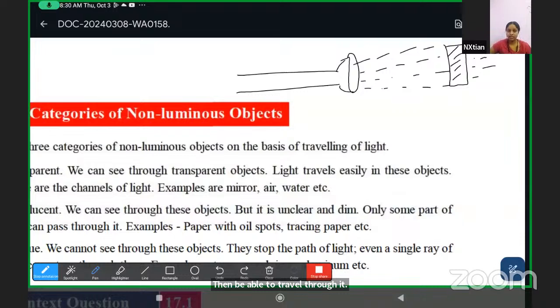What if it is an opaque wooden box? This is a wooden box. Light will not travel through it. Why? Because this wooden box is opaque.